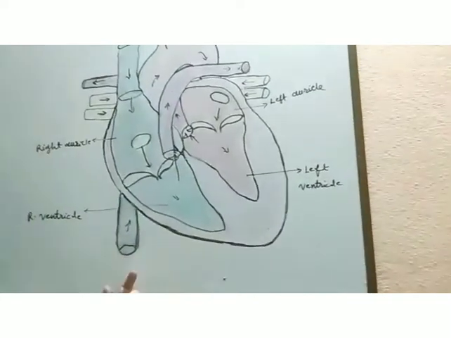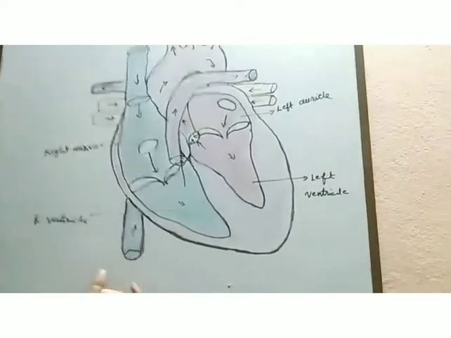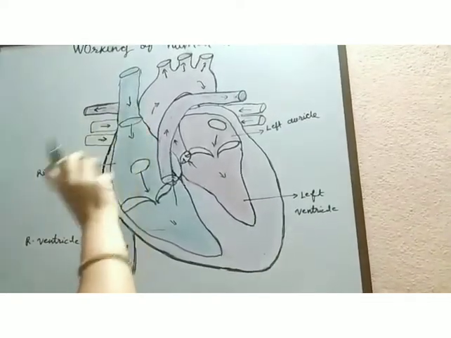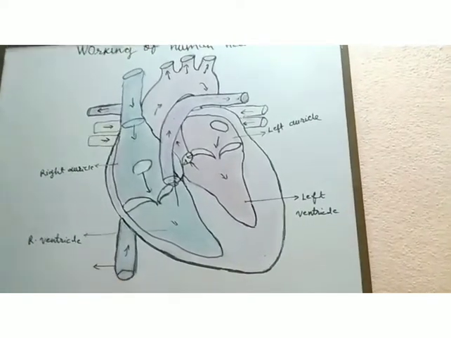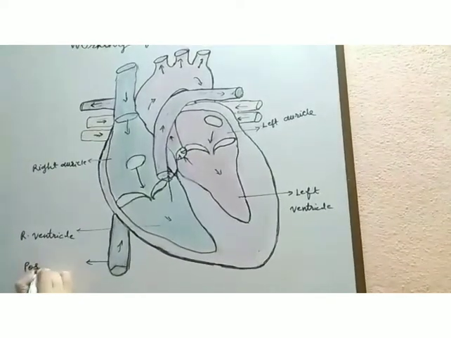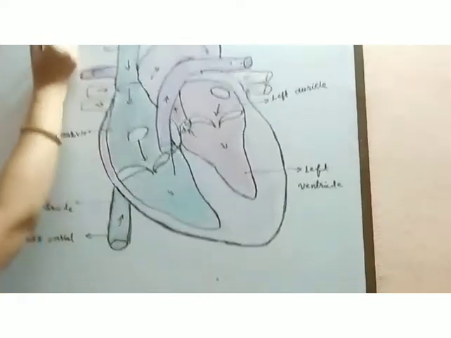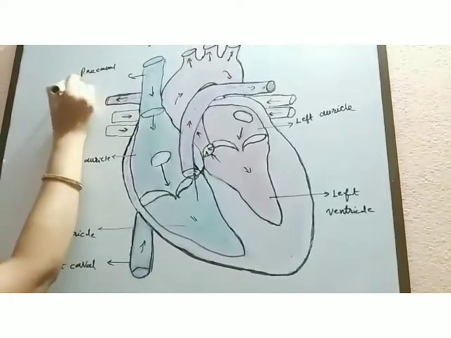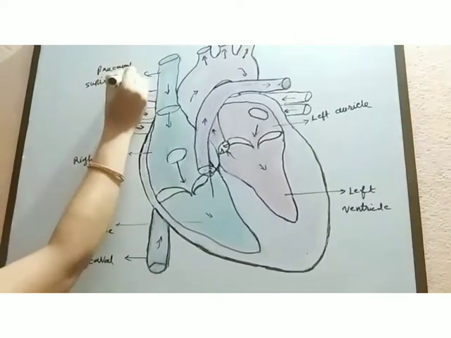Now, the blood vessels which bring impure deoxygenated blood from the body and pour it into the heart. These are the two main veins which bring impure blood from the body, called the post caval and this is the pre-caval, also called the superior vena cava.